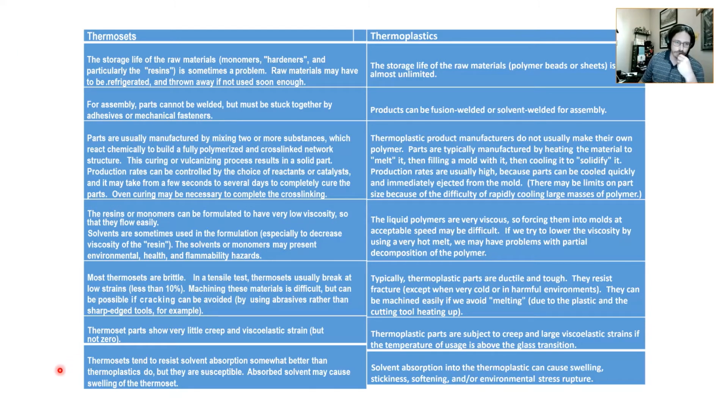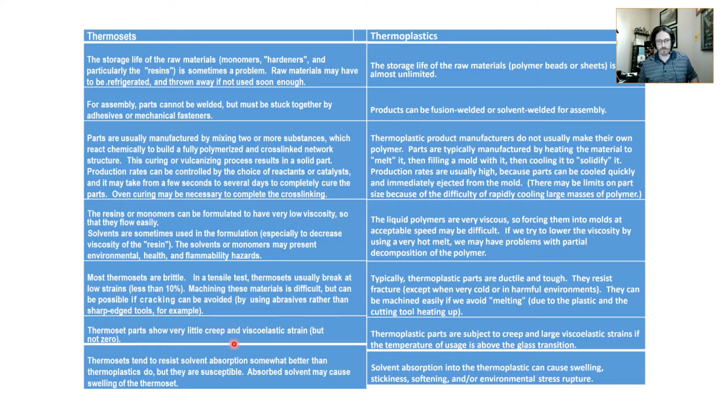Creep is a really bad part. It's a huge failure mechanism for polymer parts, especially under constant load. We'll talk about polymer failure analysis before this semester is over. But creep is a huge problem.